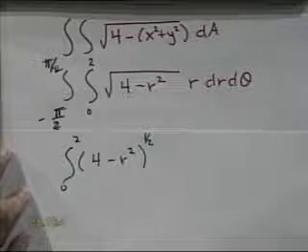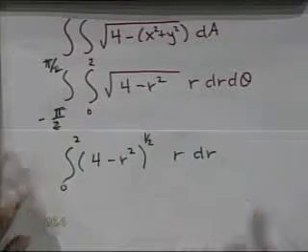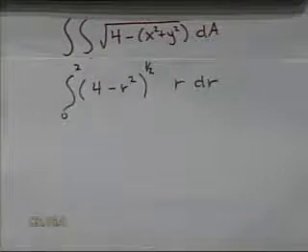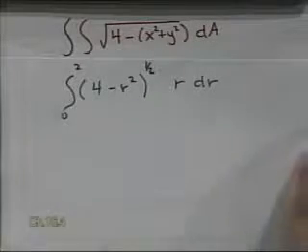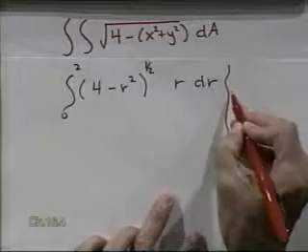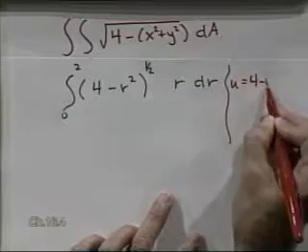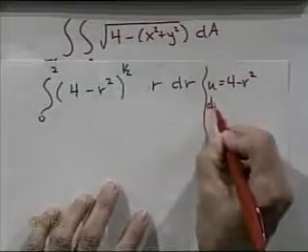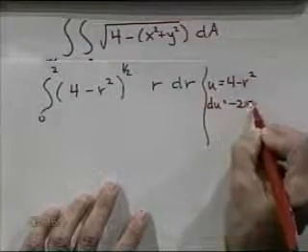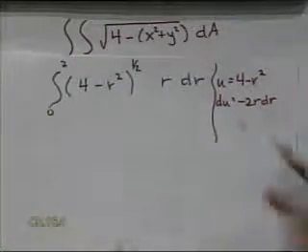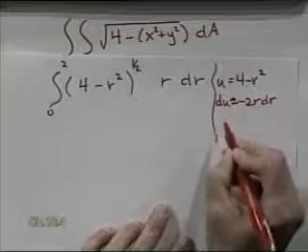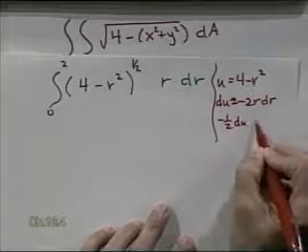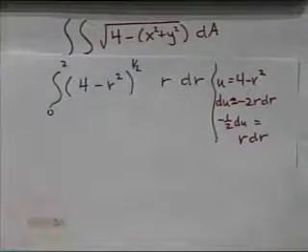You have 4 minus r squared, r dr for your inner integral. How am I going to do that integration? U substitution. U is 4 minus r squared. And so therefore du is minus 2r dr. So if you want, you could say minus a half du is r dr, if you like to do it that way.